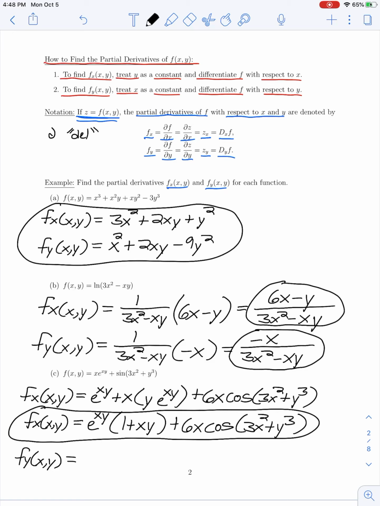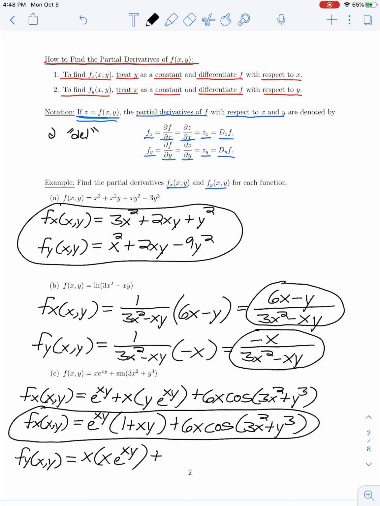So we would have our constant x times the derivative of e to the xy with respect to y, which would be e to the xy times the derivative of that inner function, xy, with respect to y, which would be 1x.